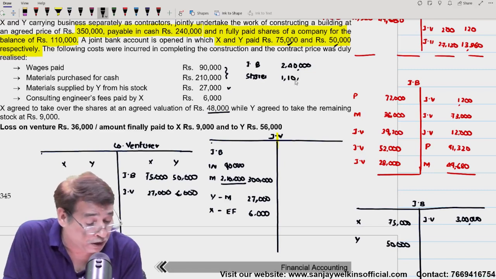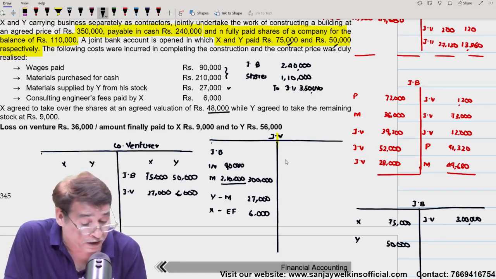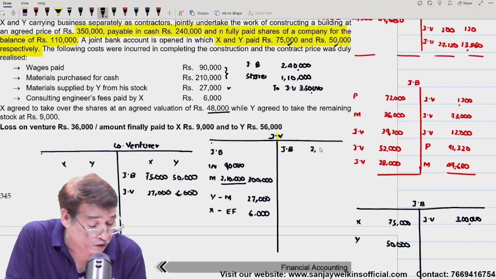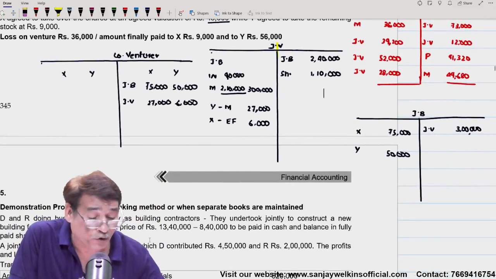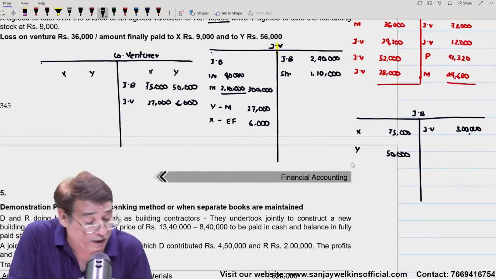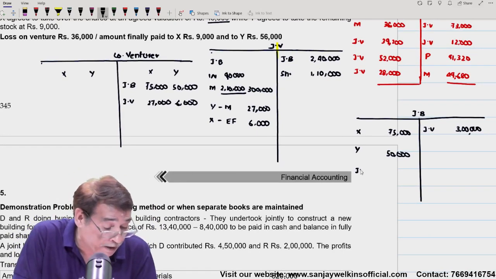So 1,10,000 to joint venture account. First of all, I will pass this entry because joint venture account is getting credited. So on the credit side of joint venture, I will write by joint bank 2,40,000. And on the credit side of joint venture, I will write shares 1,10,000. Because on the credit side of joint venture we have written by joint bank, on the debit side of the joint bank account, we will write to joint venture 2,40,000.